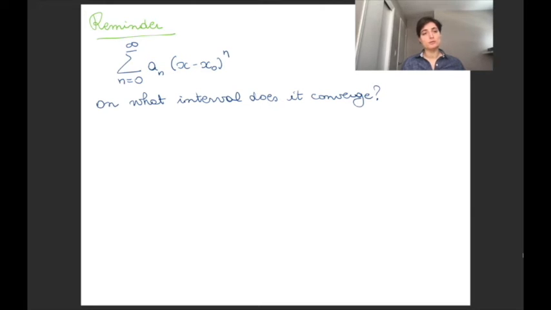I just want to give a reminder. We talked at the beginning about the fact that things work only if we're working in the interval of convergence of the power series we're looking at. So just a reminder, if you're looking at a power series around x0, on what interval does it converge?